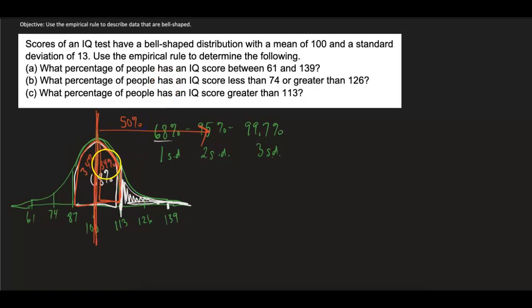Again, though, if I know that 34% is here and I don't want to include it, I would take 50% and subtract 34%, and I would be left with what is in white, this 16%. So that's another way to arrive at the 16%, but you use the symmetry at a different stage.